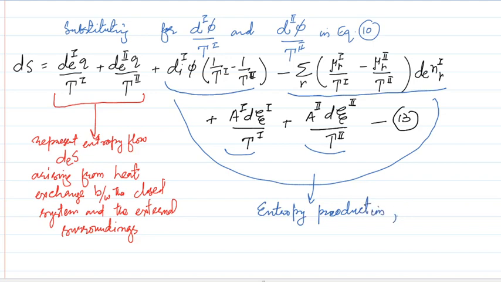So we will write this as dIS. Now here you will see this is the third term, this is fourth one, this is fifth, and this is suppose sixth.